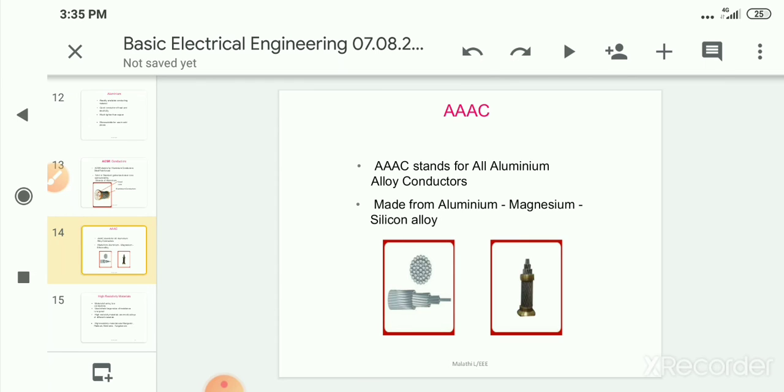This is also used sometimes, but in India, ACSRs are used for transmission and distribution of power. All those things are related to low resistive materials. Next, move to the high resistive material category.